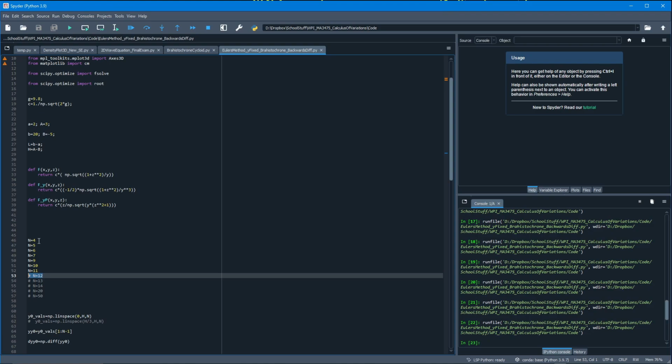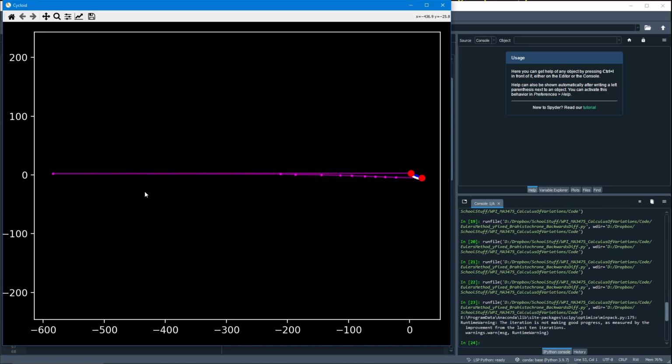But at a certain point, we're going to see that this actually is going to break down. And it breaks down because of the infinite slope at the origin, or the initial point of the curve. The cycloid has an infinite slope at that point, at the left end point. And so because of that, this is really affecting the stability of this numeric system.